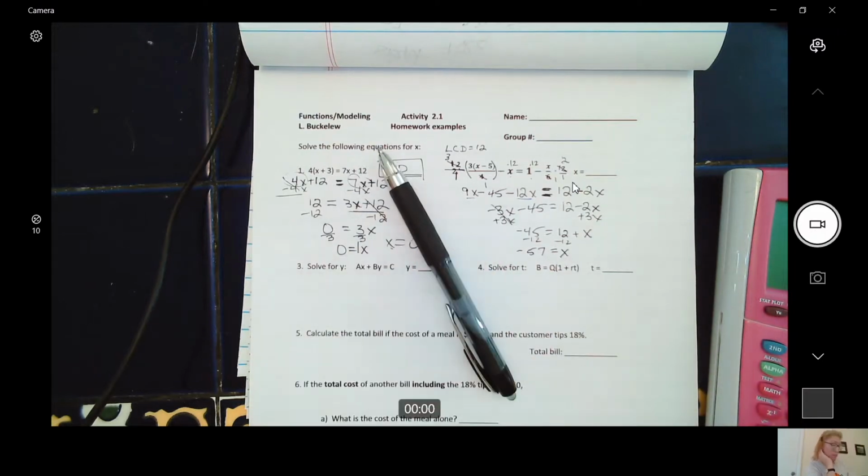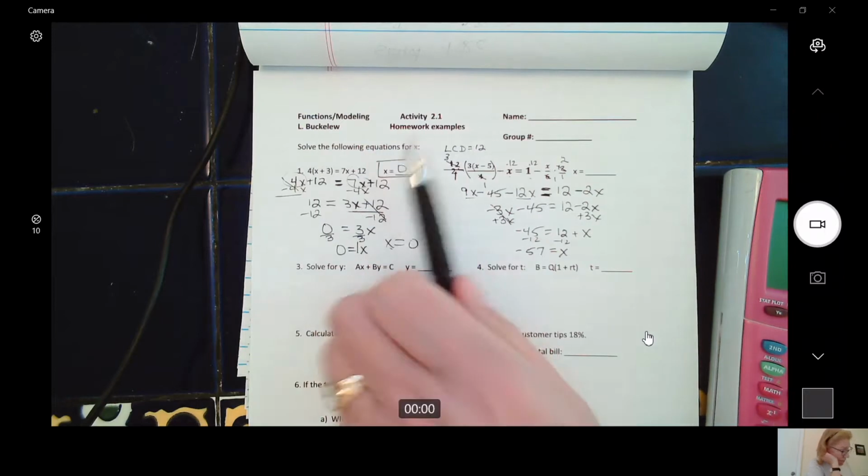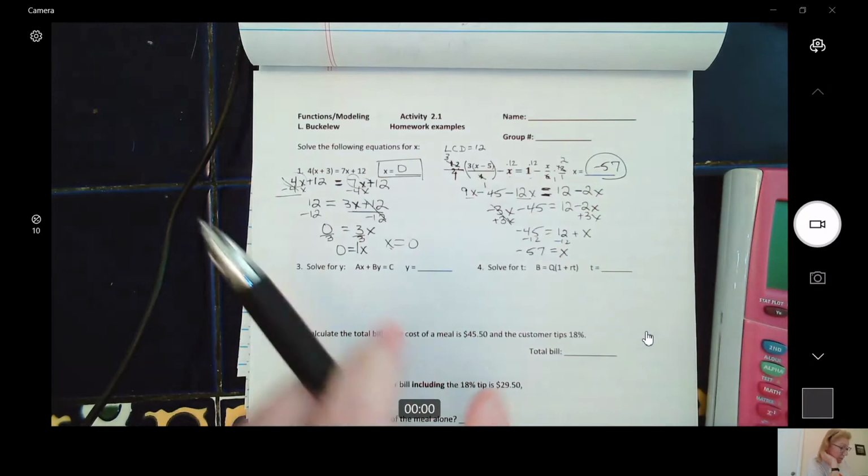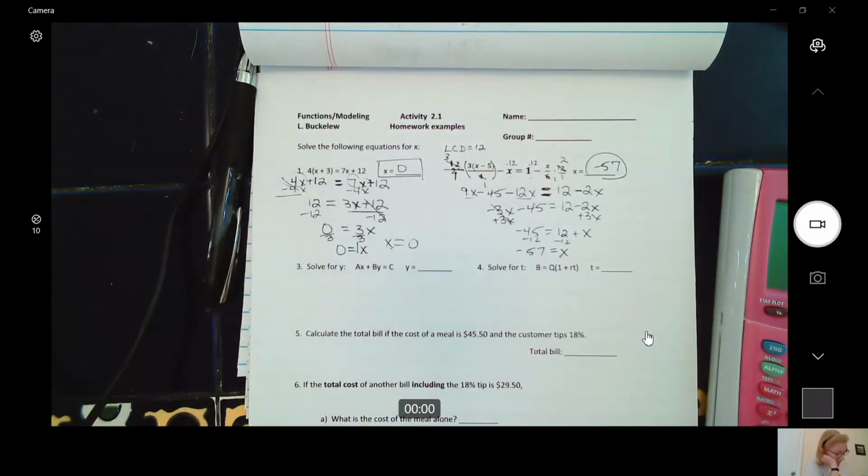Okay. So hang on just a second here. All right. So x equals negative 57. I think that's right. I may have to check that later and see. Okay. Let me check something here.